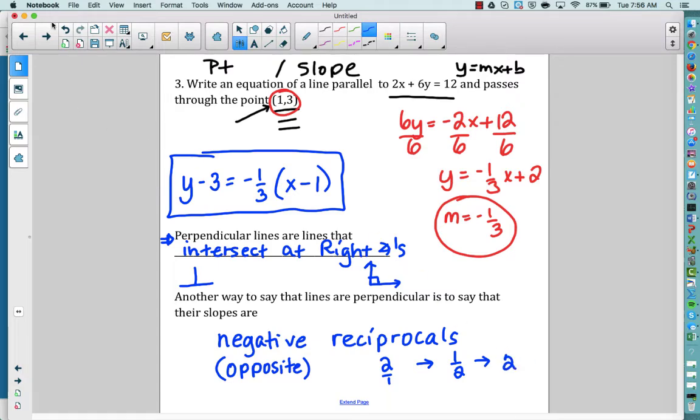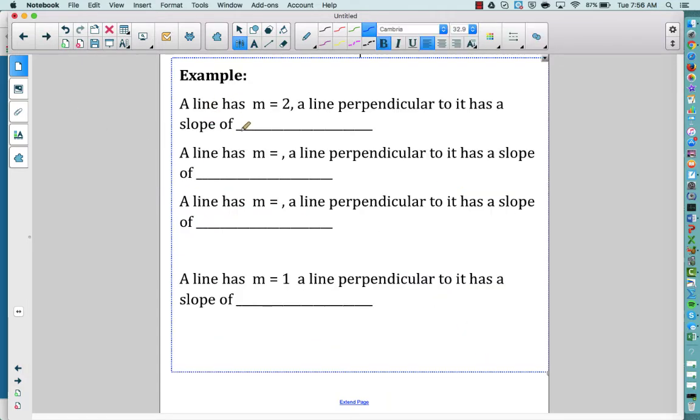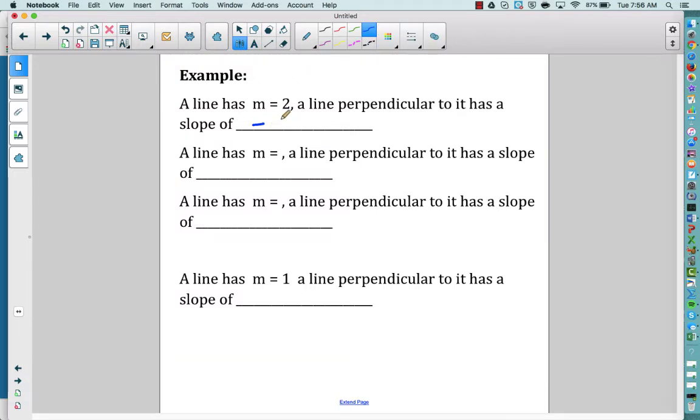All right, so let's make sure we understand that. If a line has a slope of 2, a line perpendicular to it is going to have a slope of, okay, so I take the opposite, so negative, and I flip it, reciprocal, so 1/2. Okay? All right, if a line has a slope of 1/3, a line perpendicular to it has a slope of, all right, we make it negative and we flip it, so negative 3.